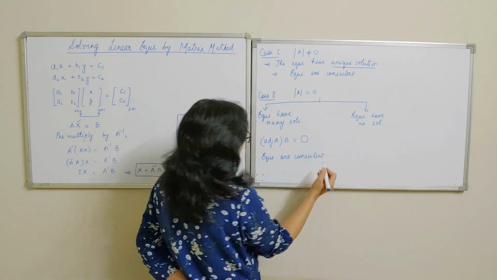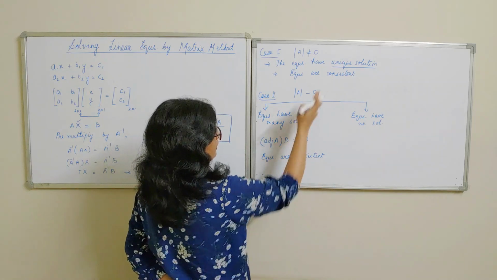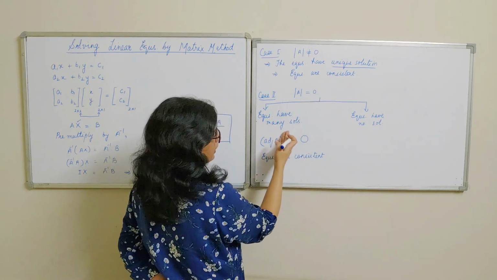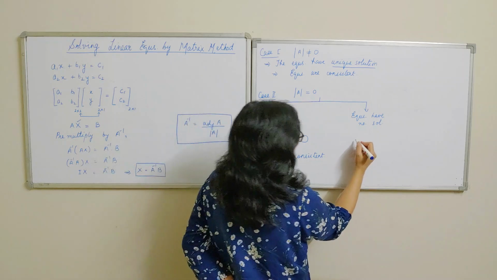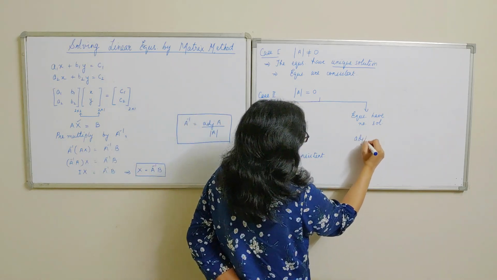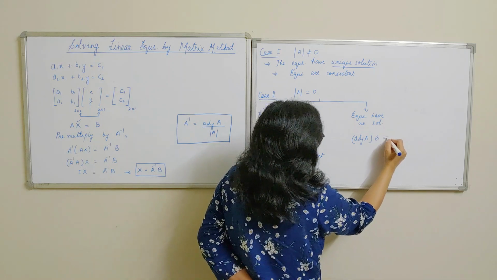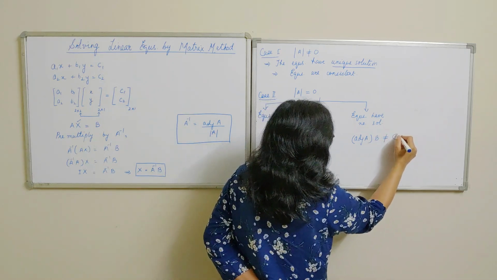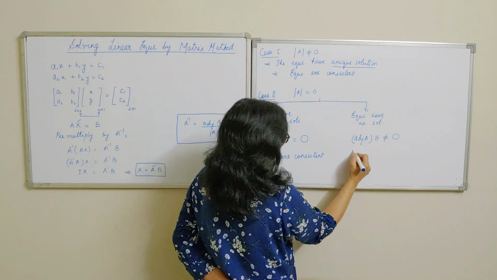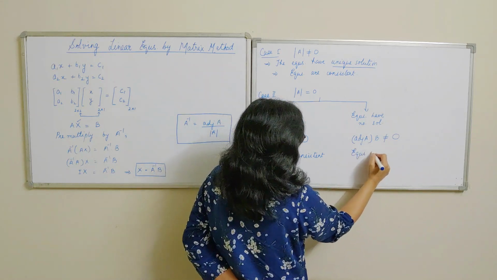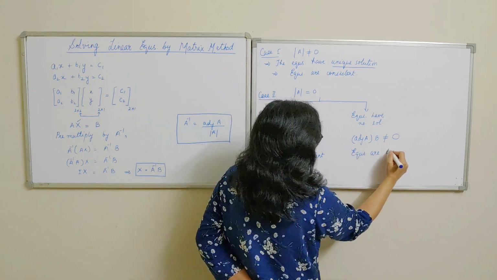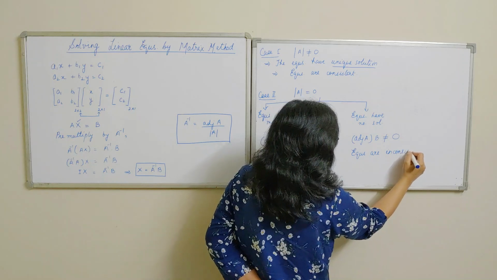Consistency basically means equations have solutions, either a unique solution or many solutions. If we find the adjoint of A and multiply it by matrix B, and this is not equal to the zero matrix, then we can say that the equations are inconsistent.